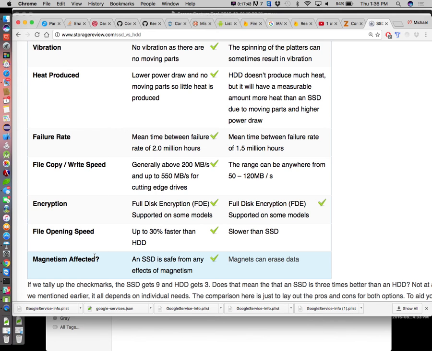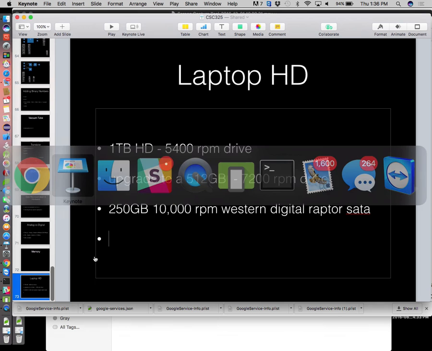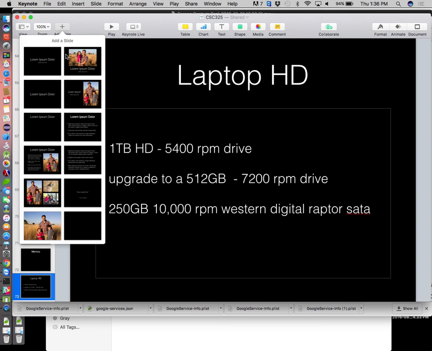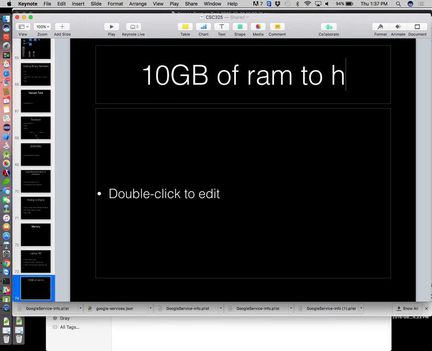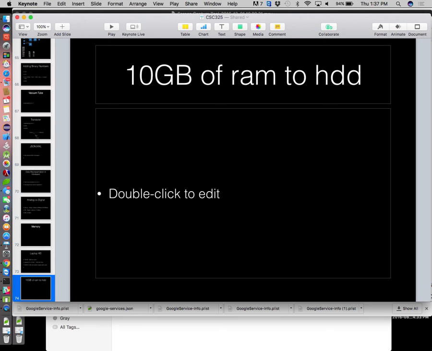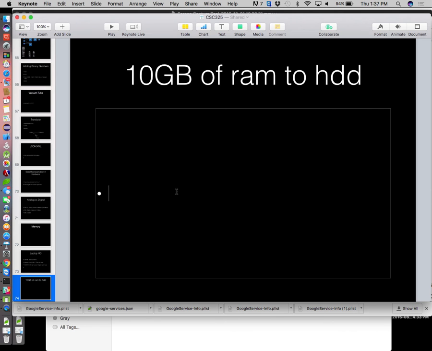Okay, so we're going to do our math here. We said we have 10 gigabytes of RAM that we need to move to the hard drive. If we're doing this on SSD, we're saying we're going to move at 200 megabytes per second, even though some of the newer ones can go faster, but let's just operate off of that.